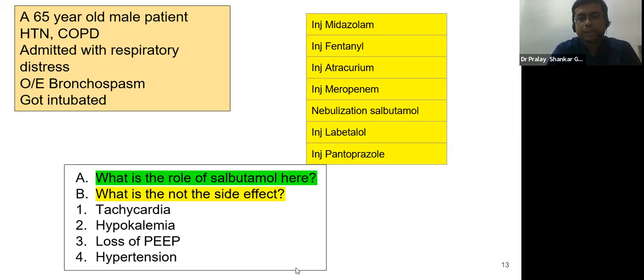Loss of PEEP, yes, it can happen because you need to remove the HME filter and attach the nebulization circuit, and so there will be loss of PEEP. So you should not expect hypertension as a side effect of salbutamol. You can expect tachycardia, hypokalemia, loss of PEEP, but hypertension is not a usual side effect of nebulization.